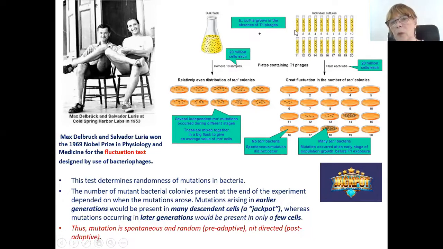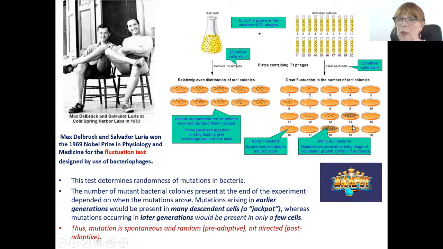But if you cultivate the culture in different tubes, and you do the same from each tube, you will see that on different petri dishes you have different mutants that are resistant to T1 bacteriophage.